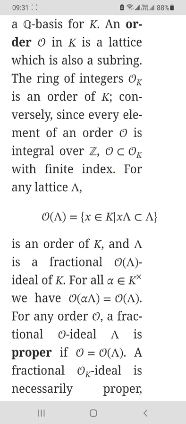So O of lambda is an order of K, and lambda is a fractional O of lambda ideal of K. For alpha belonging to K cross, where K cross means the multiplicative group of K, we have O of alpha lambda is the same as O of lambda. That is the property of a fractional ideal.